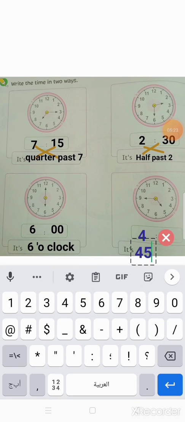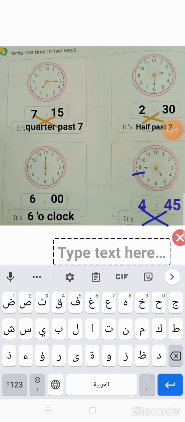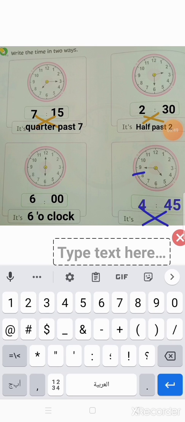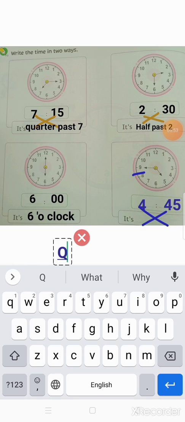45. Okay. Make a cross. Once 45, it's quarter. We said the long hand is in the to part. So I'm going to write quarter.